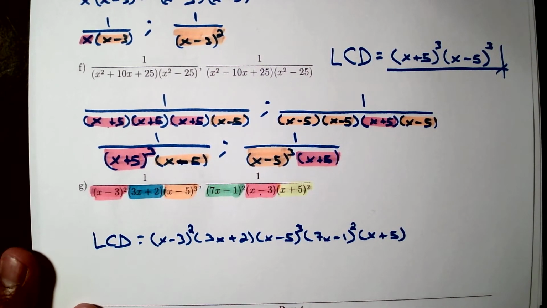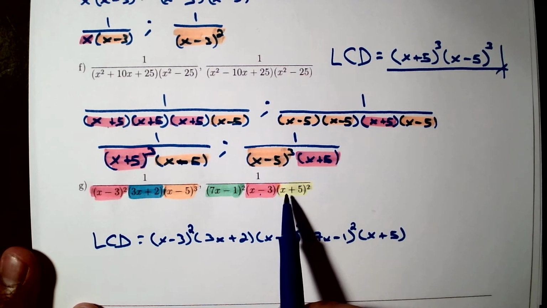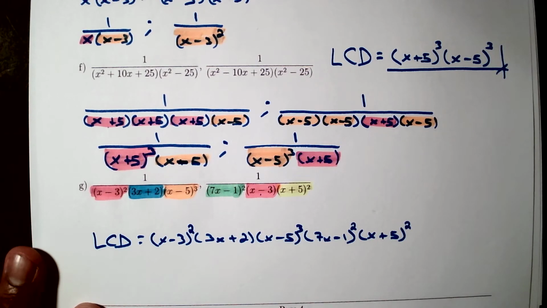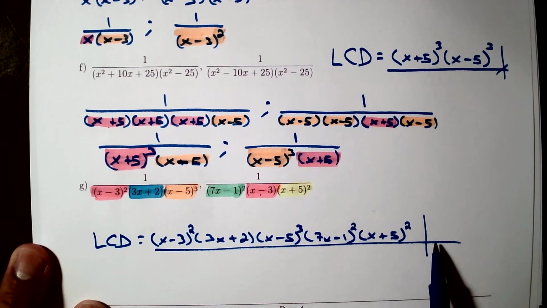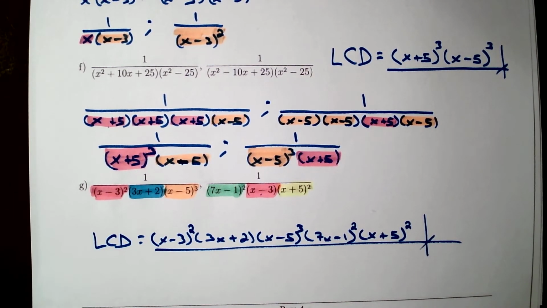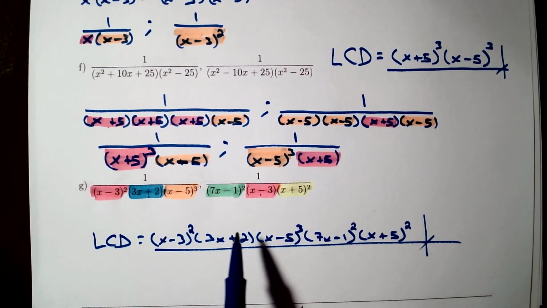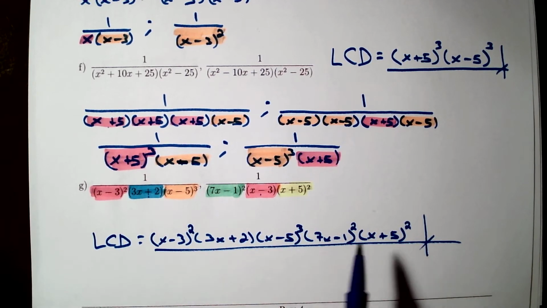And finally, x plus 5 to the second power appears only there. That's the one we carry. That's the final answer. So what's the idea? Number 1, identify all the different factors that appear and take the highest power of each.